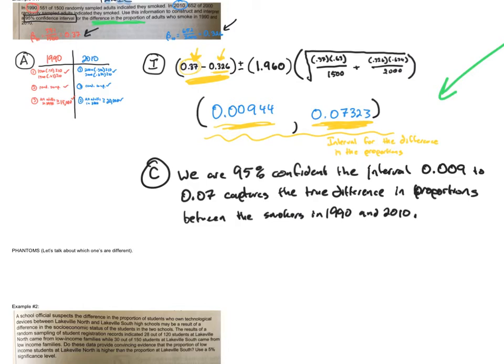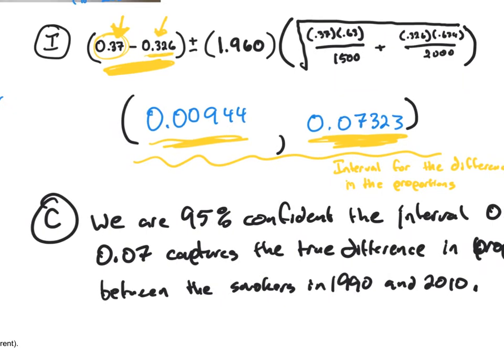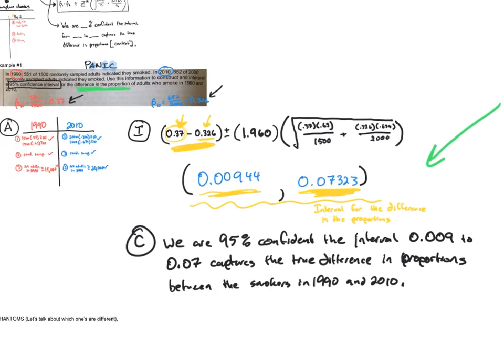So here's the key, the big critical piece though. I want you to always look at your interval and see, does it capture the value 0? Is 0 in here, right? That's the biggest question, because if 0 is in there, that means it is possible that there is no difference between the 2 years.